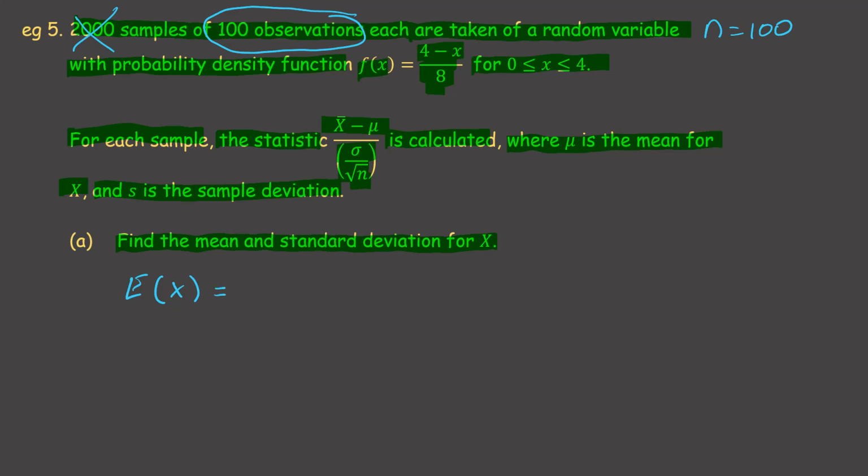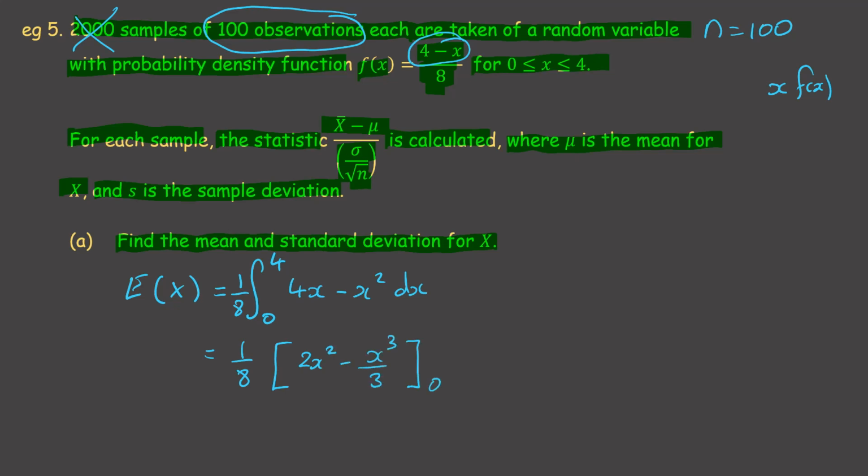The expectation of x would be the integral from 0 to 4 of x f(x). So we can bring the 1/8 outside here, and if we do x times this, we get 4x minus x squared dx, and so that is going to be 1/8 of 2x squared, take away x cubed on 3, to be evaluated from 0 to 4.